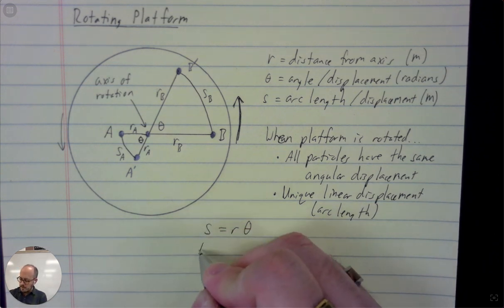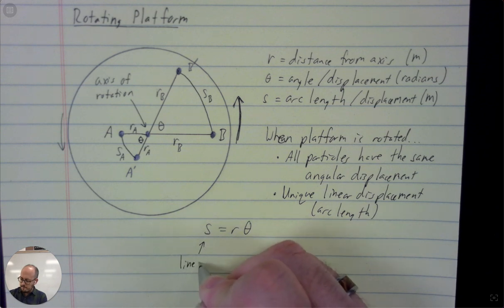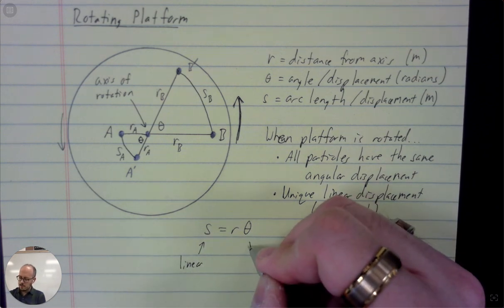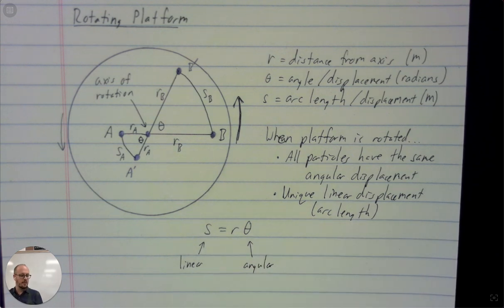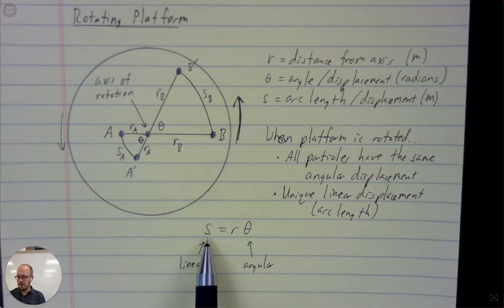But again, linear displacement is proportional to angular displacement. So this is the relationship between those two variables. When something is rotating, all parts navigate through the same angle, but each part navigates through a different linear distance based on how far away it is from the central axis. And that is our first video.